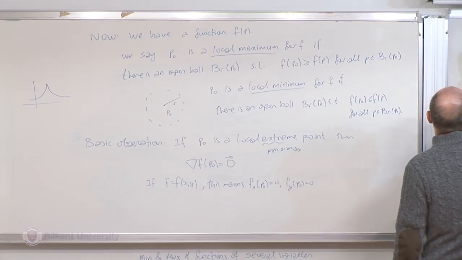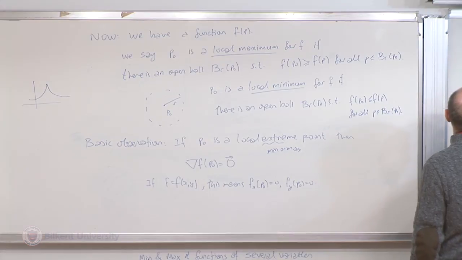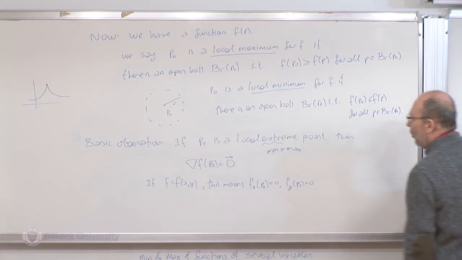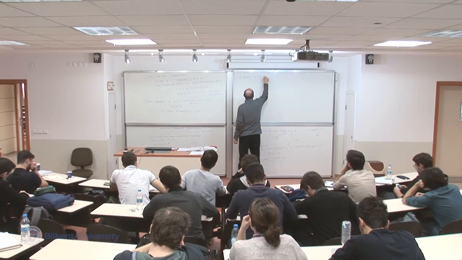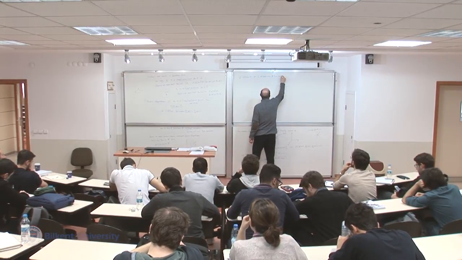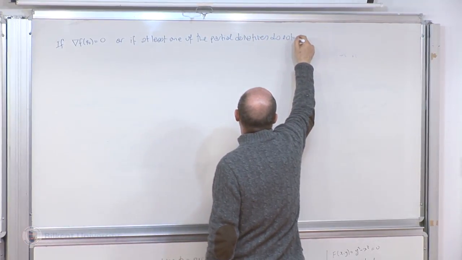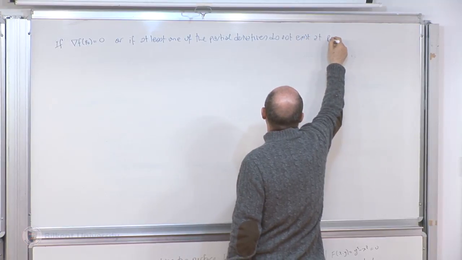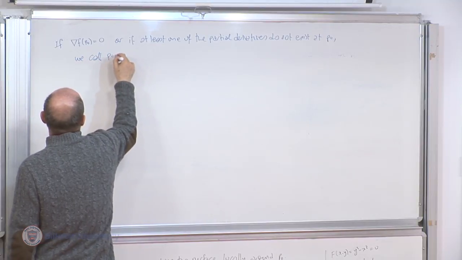So if the gradient of f at p sub 0 equals 0, or if at least one of the partial derivatives does not exist at p sub 0, we call p sub 0 a critical point.